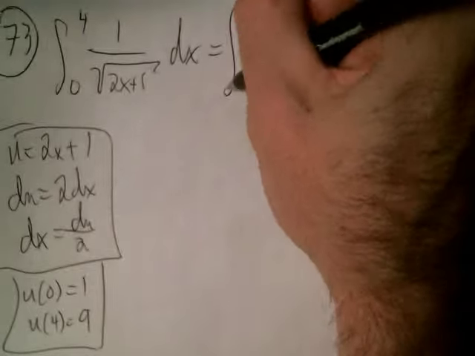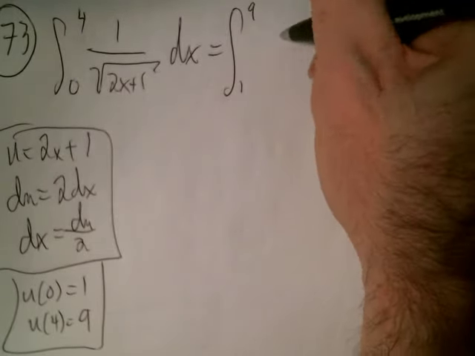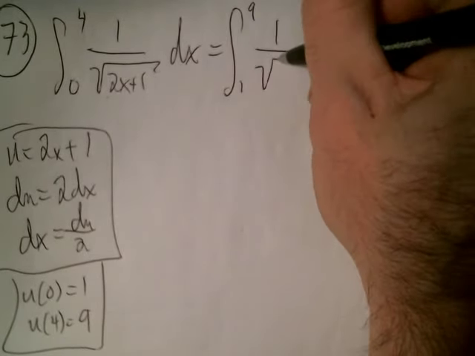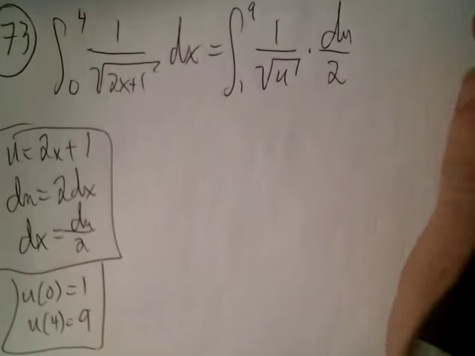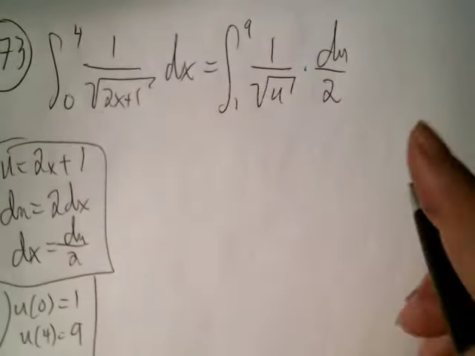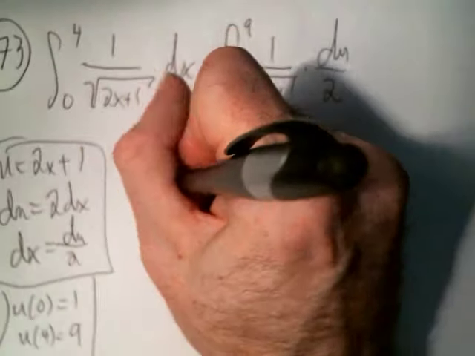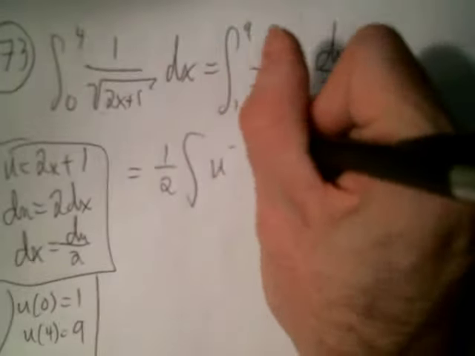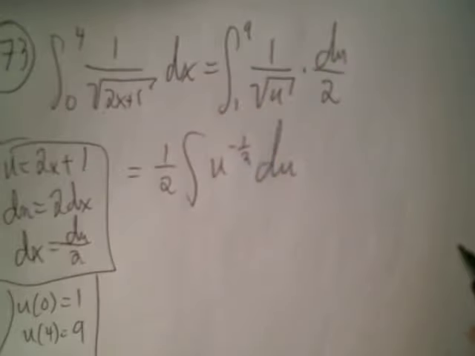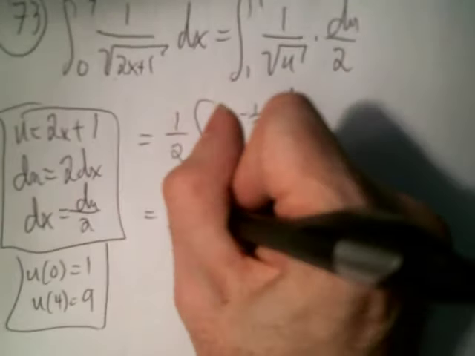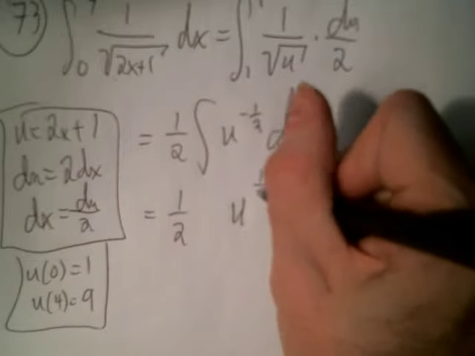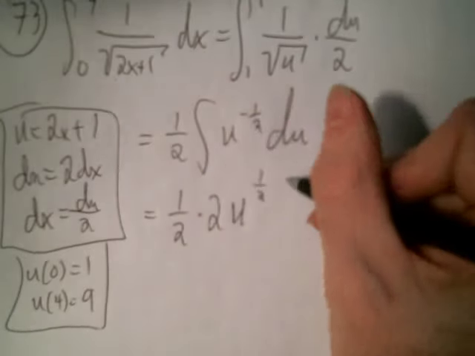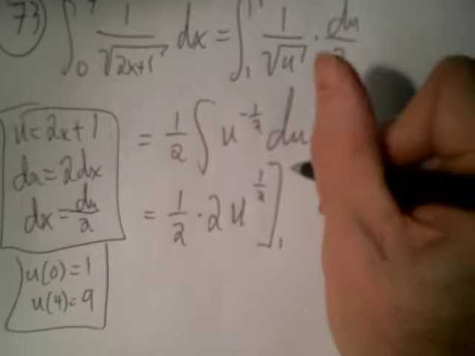So my integral becomes the integral from 1 to 9 of 1 all over the square root of u times dx, which is now du over 2. I have to factor out 1/2, so I'll get 1/2 integral of u to the negative 1/2 du. And then that's 1/2 times u to the negative 1/2 plus 1 is 1/2 times the reciprocal of 1/2, and I'm evaluating from 1 to 9.